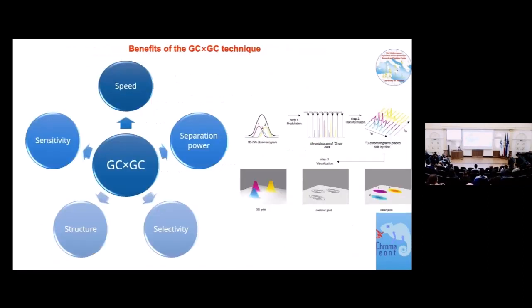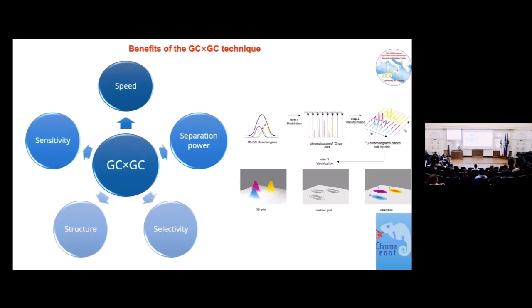We all know the main advantages of using GC×GC. In this case, probably the best thing is the enhanced sensitivity compared to 1D runs and also the enhanced selectivity. Then we couple it with a triple quadrupole, so a selective detector.